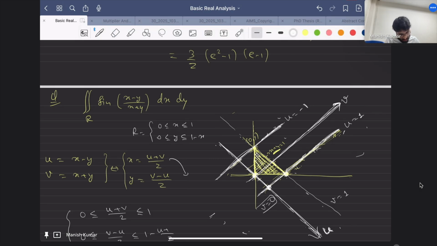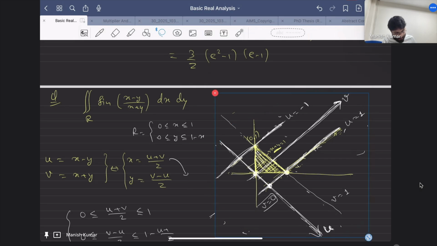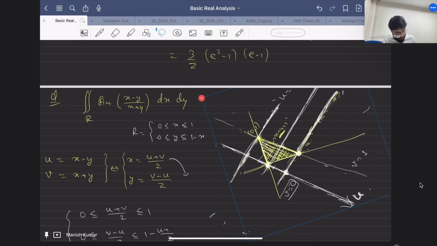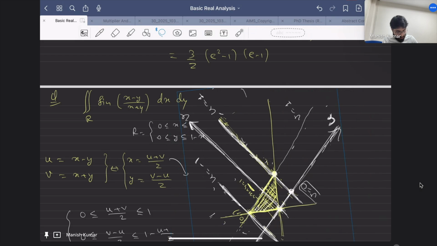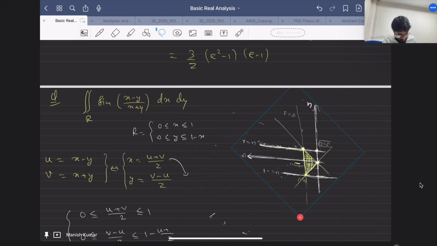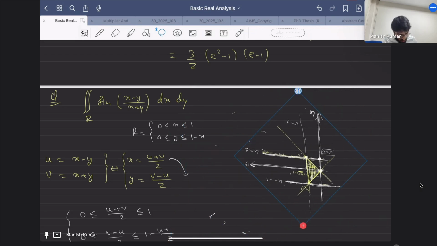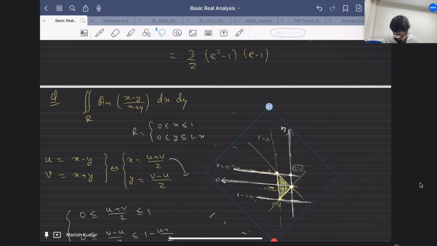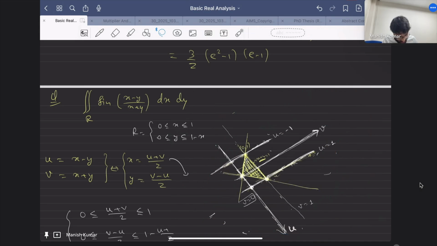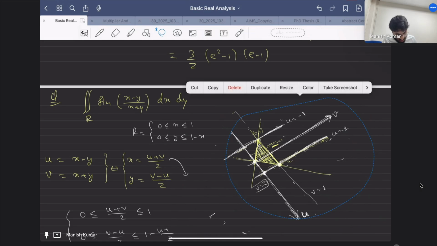So let me rotate this. Did I rotate it the wrong way? I don't know how to do it. Let me rotate it this way. Yeah, this looks fine.